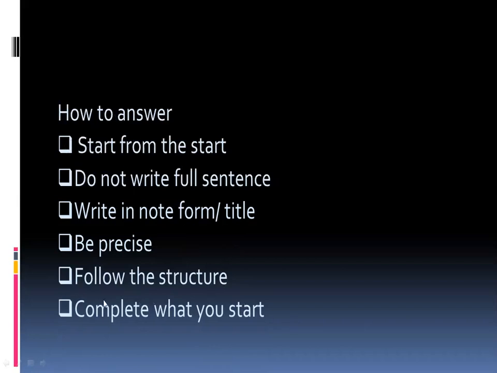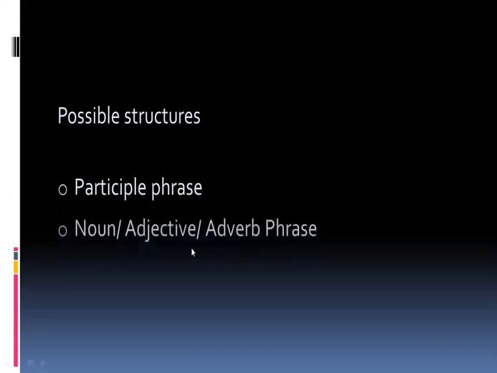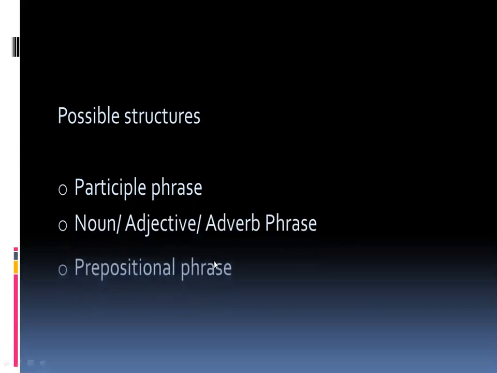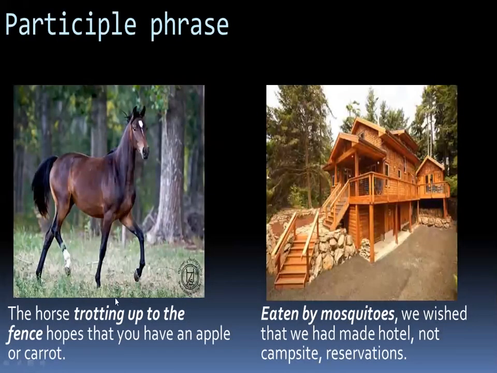We do not write a full sentence. If the subject, the verb, and other elements are there inside your box, then it will be considered a wrong answer. Remember, if you write a full sentence, that means with the subject, the verb, and the complement, then it will be regarded as a wrong answer. Write in note form or title. That's what I was talking about.